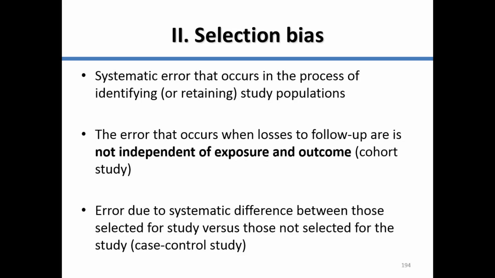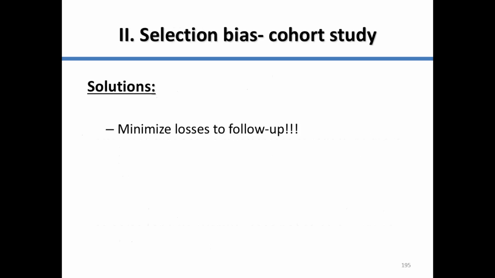Yeah, I already talked about selection bias, and I have more slides than time, so we'll skip this one. And you can definitely look at this later. Minimizing losses to follow-up, if you're having losses to follow-up. By the way, in a cohort study, that is your selection bias. You don't have selection bias at the beginning when you're taking people in. People may refuse, but that's not a problem. Once you have your cohort, you have your cohort.